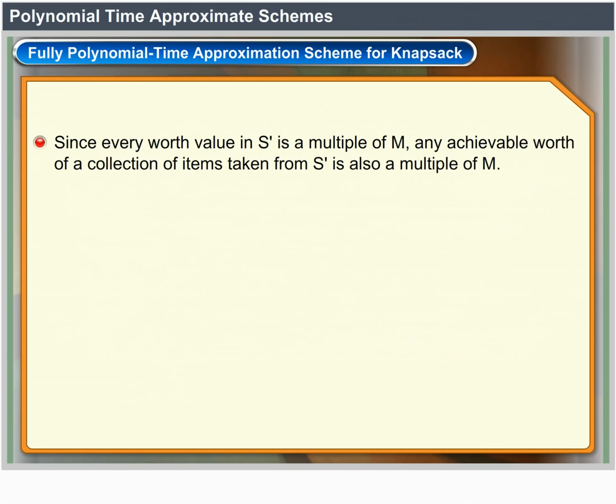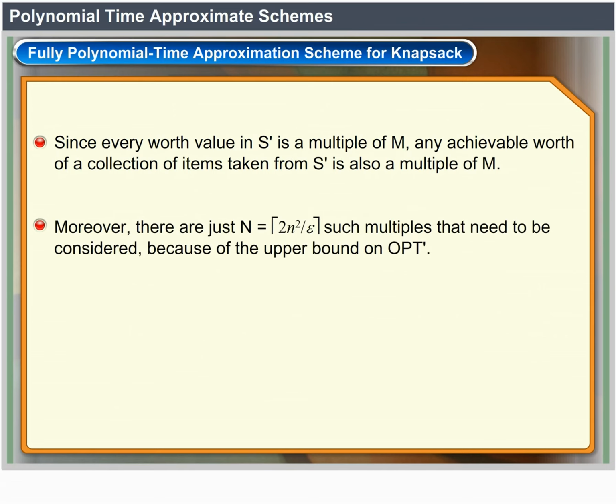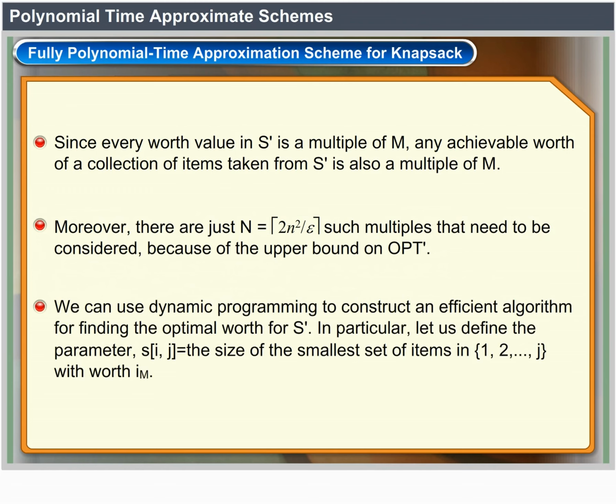Moreover, there are just n equals ceiling of 2n squared by epsilon such multiples that need to be considered, because of the upper bound on opt'. We can use dynamic programming to construct an efficient algorithm for finding the optimal worth for S'. In particular, let us define the parameter s of i, j equals the size of the smallest set of items in 1, 2, up to j with worth im.